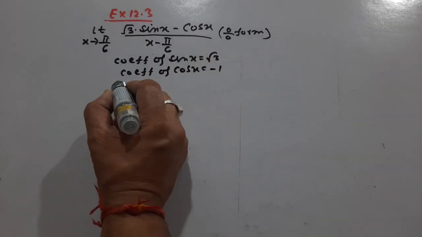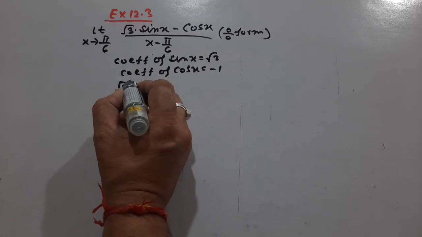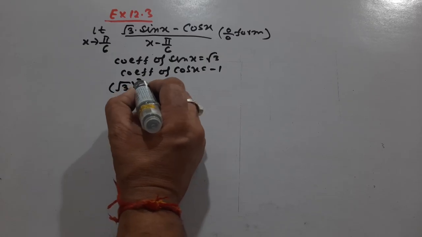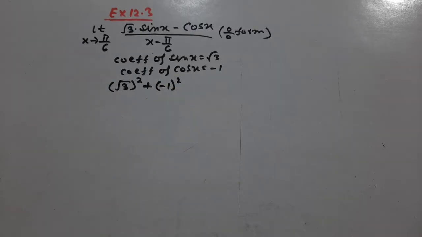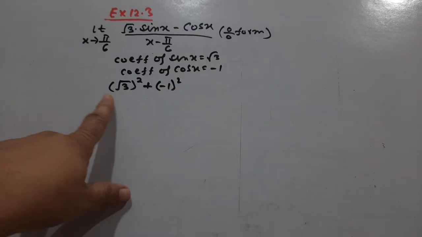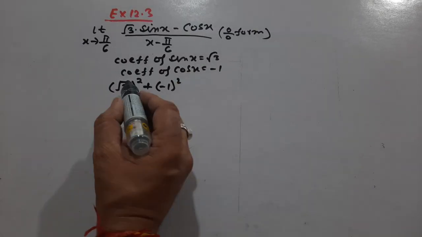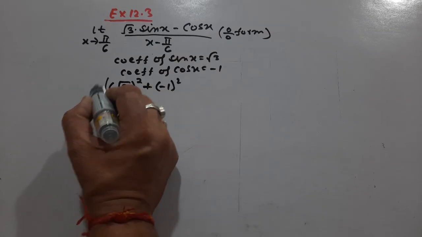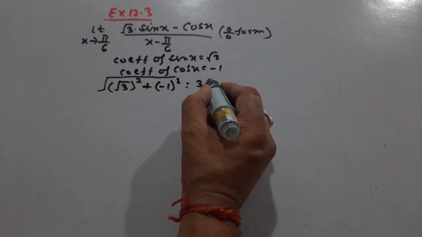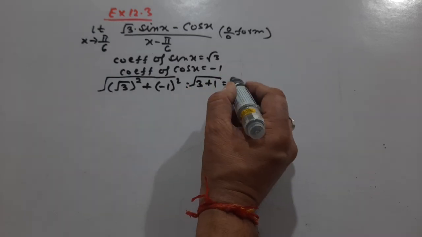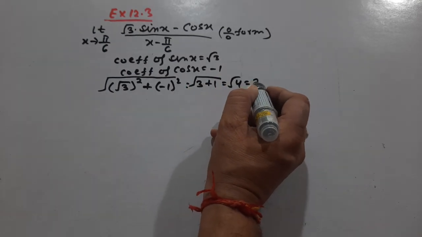So what we do is take the square of the coefficient of sin x and the square of the coefficient of cos x, and then take the root. So we get 3 plus 1 under root, or root 4, and this is equal to 2.